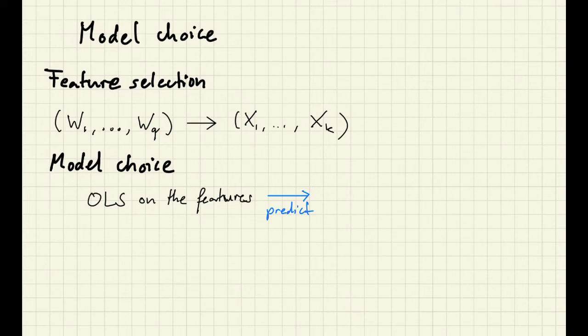So on the training set, we estimated the OLS coefficients, and then we applied them to compute predictions out of sample. This is pretty much the process as we've described it so far.